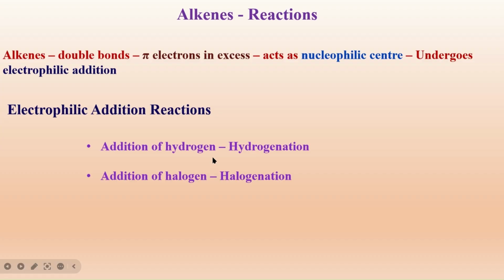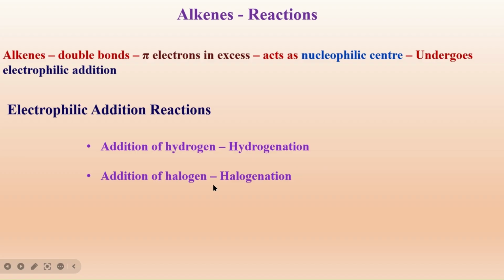When I add hydrogen across the carbon-carbon double bond, I'll get alkane. Alkene gets converted to alkane. As we have seen, one of the methods of preparation of alkanes is hydrogenation of alkenes. There, in the case of alkanes, it is a method of preparation. In the case of alkenes, it is the type of reaction that an alkene can undergo.